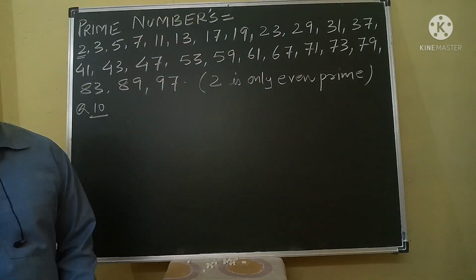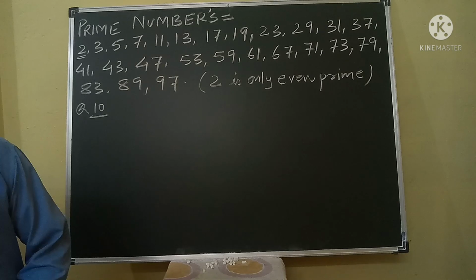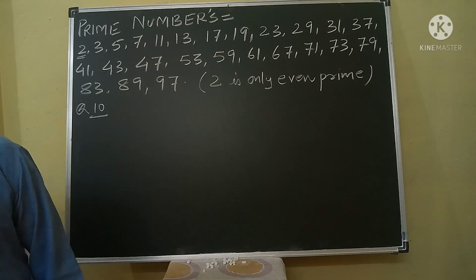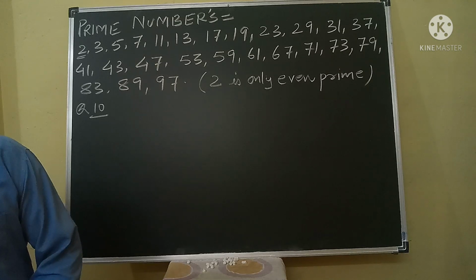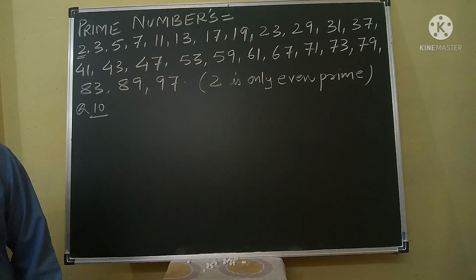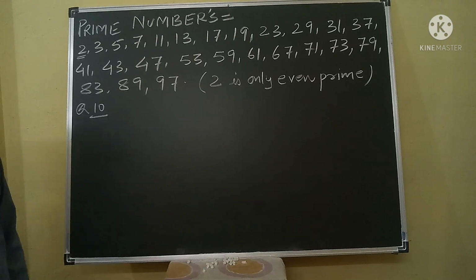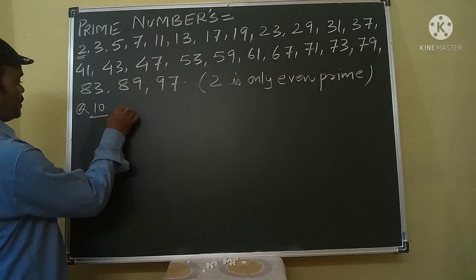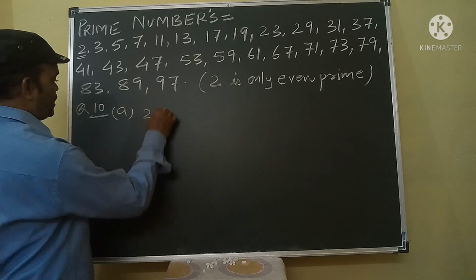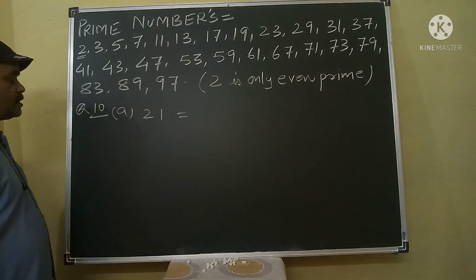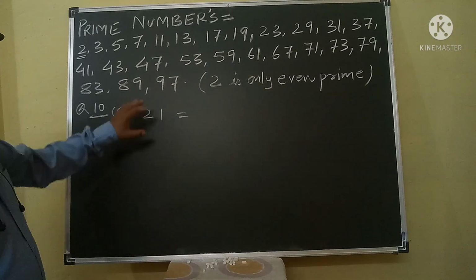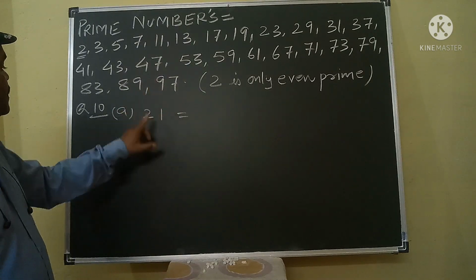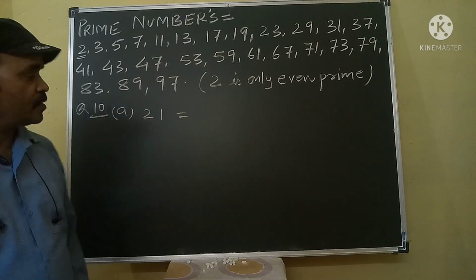Your question number 10 is: express each of the following numbers as the sum of three odd primes. First is 21. In this question, what will you get? The sum of three odd prime numbers is 21.